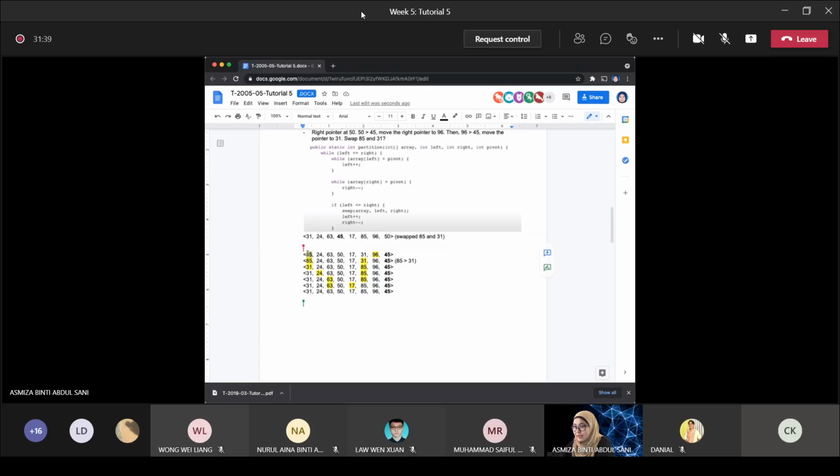So 85 is less than pivot, right? You move the left. So now you are going to compare 24. The next will be comparing 24, and then array right is more than pivot, right? Right minus minus. So the next one will not be comparing 85. So now the next step is comparing 24 with 31.